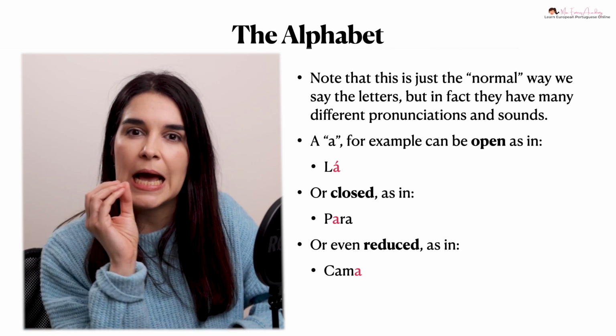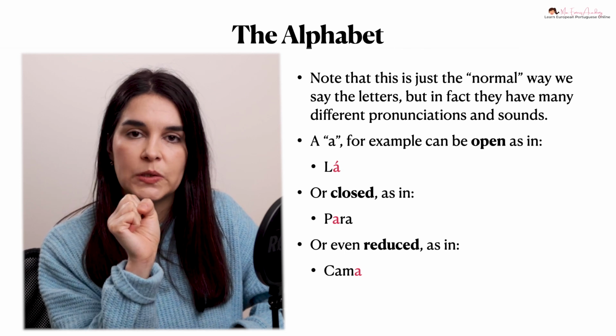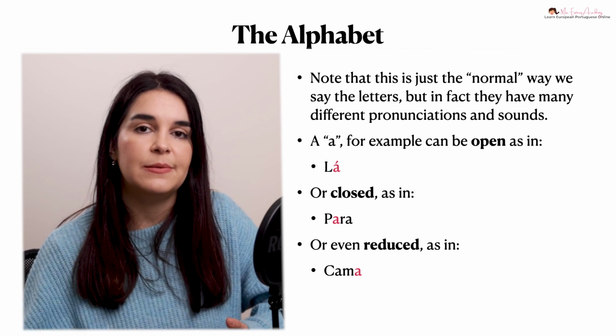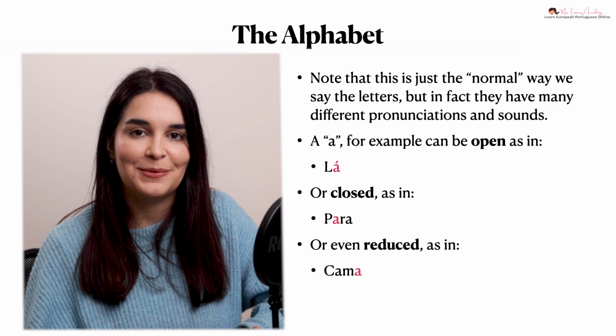You see, like the last A, it's so reduced. Sometimes it even seems like you don't hear it, right? So I just want you to bear this in mind, that it may happen that an A has one pronunciation in one word and another different pronunciation in another word.